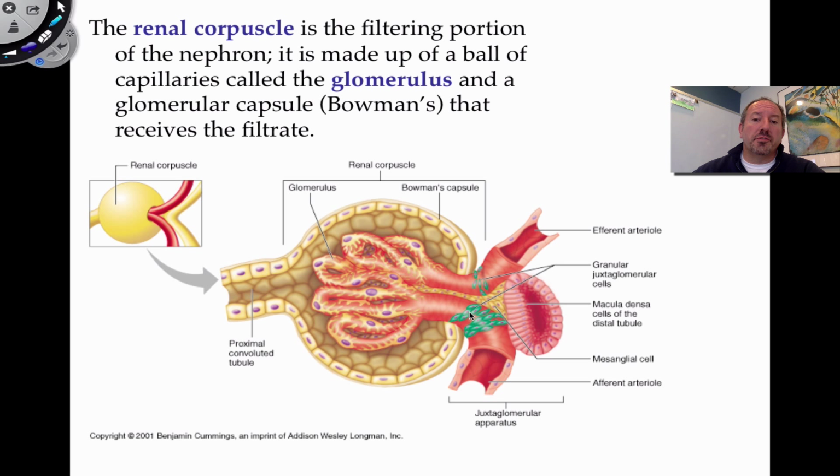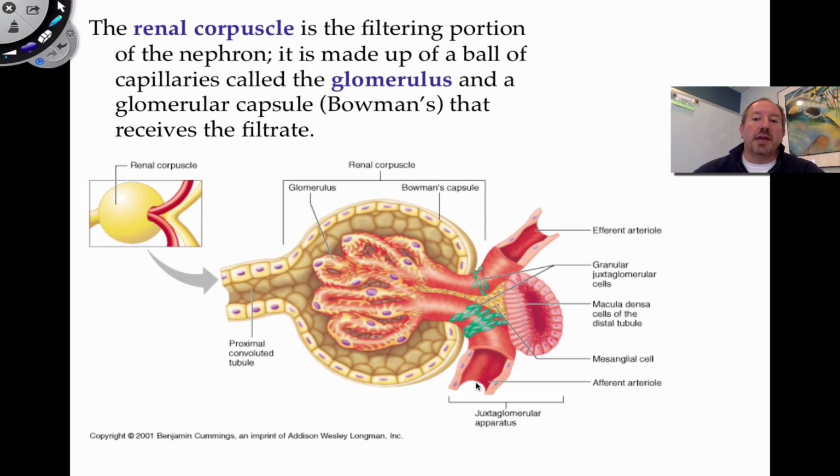These specialized smooth muscle cells of the afferent arteriole are called granular, because they contain little granules of the enzyme renin. They're juxtaglomerular, or JG cells. And that enzyme renin helps to control blood pressure. That's pretty awesome.